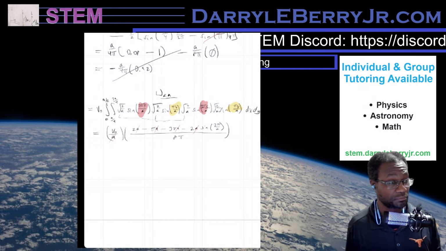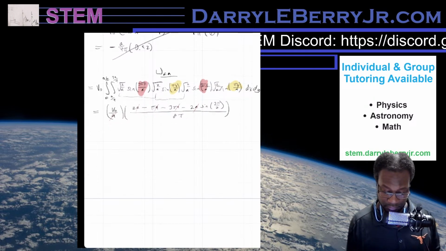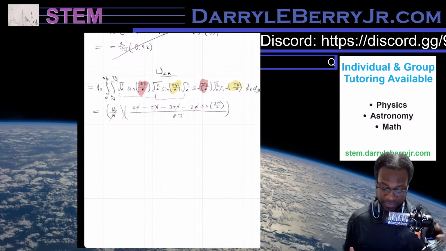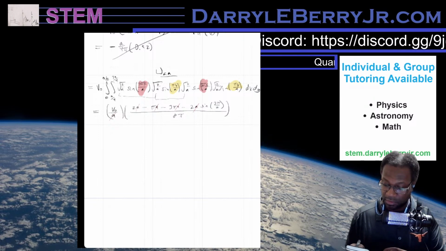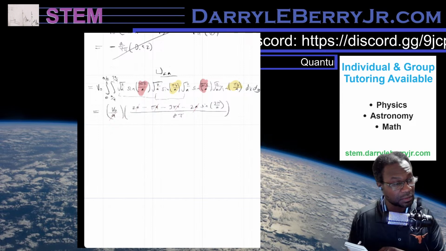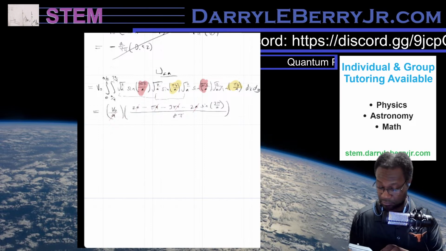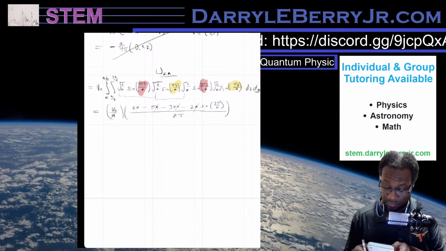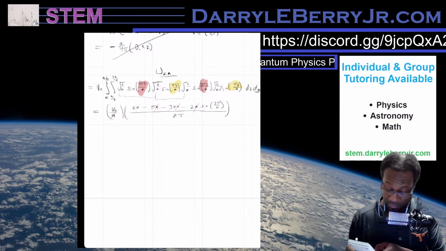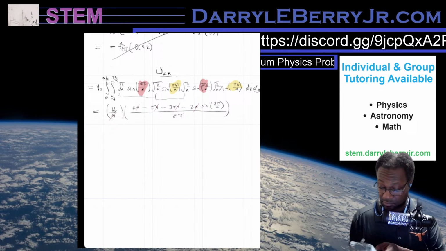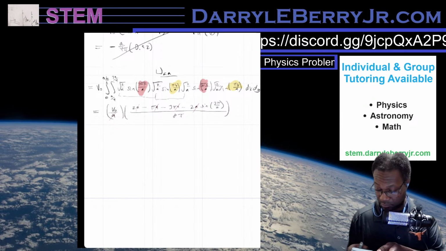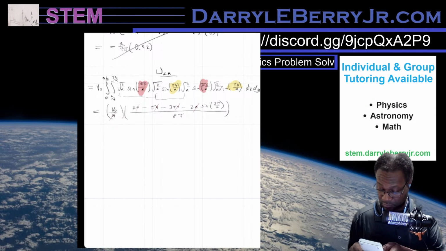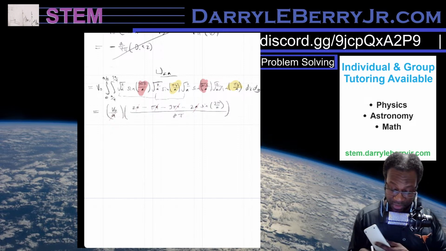All right. Simplify this a bit. Thought Mathematica would. So that's negative 1 over 8.